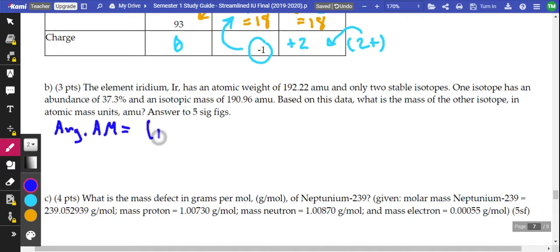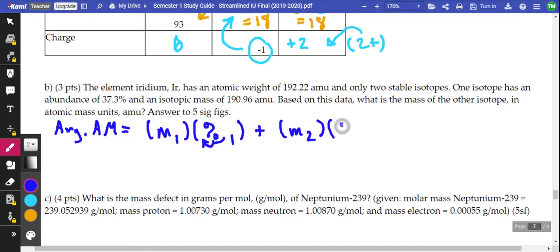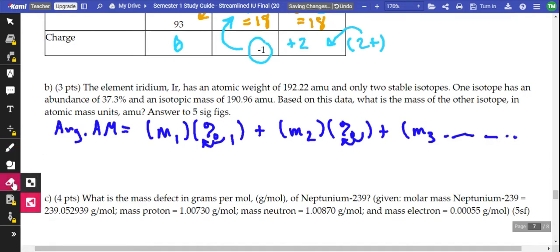We have the mass of one isotope times the percent abundance as a decimal of that isotope, plus the mass of the second isotope times its percent abundance as a decimal, plus the mass of the third isotope, and this just keeps going for as many isotopes as you have. In this case, we only have two isotopes, so we're not going past this point right here.